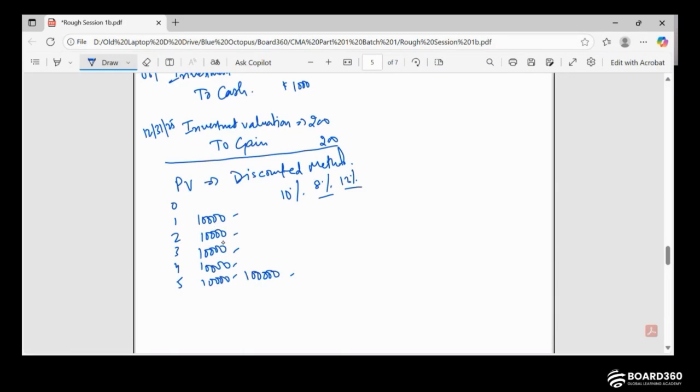Okay. So based on this, the future value is equal to present value times (1 plus r) raised to the power n. This is the basic compound interest formula that you will use to calculate present value. We have to calculate present value at year 0. So present value will be future value divided by (1 plus r) to the power n. For the first year, future value is $10,000 divided by (1 plus r), where r is the discount rate.